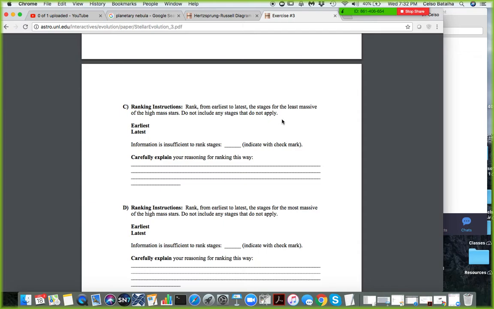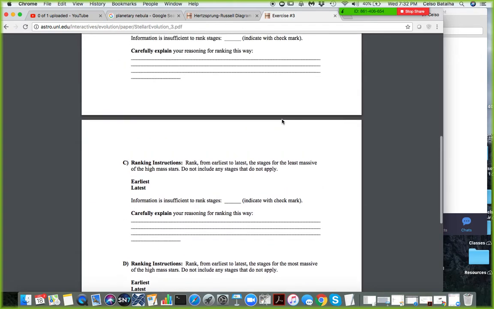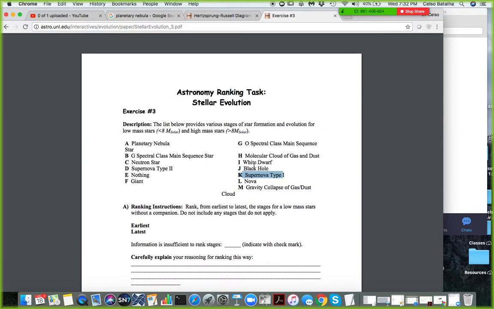Rank for the least massive of the high mass stars. So the least massive is going to be the same thing, molecular cloud, and then go to gravitational collapse, and then it goes to least massive.